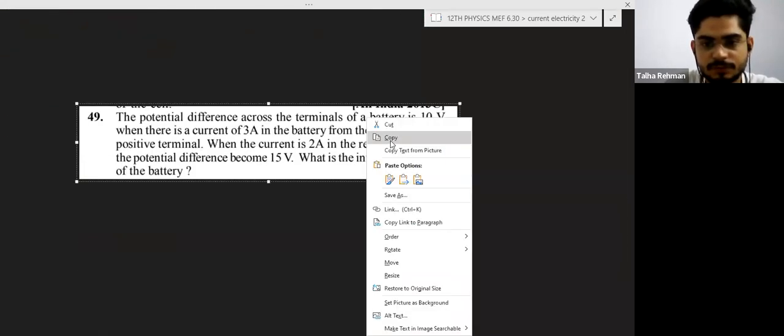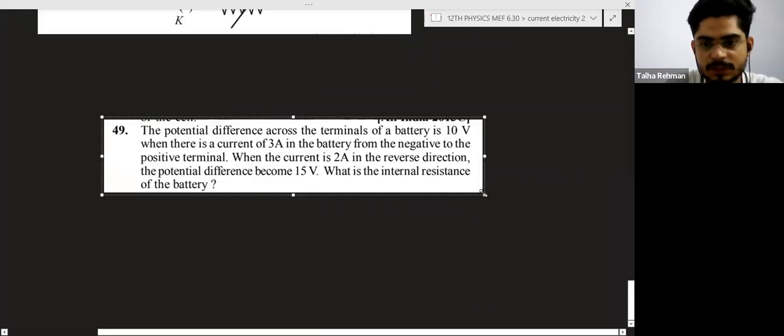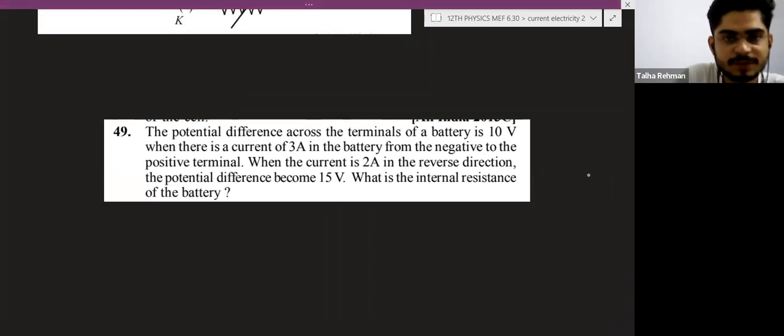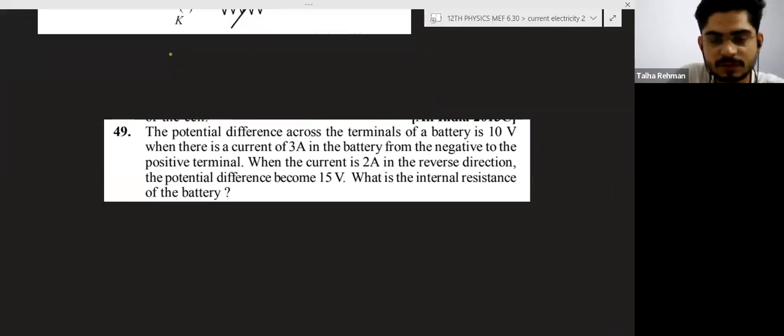See this question now. This is the previous year question of CBSE, and one thing you have to change: this question is wrong as given by CBSE, and I will change it.